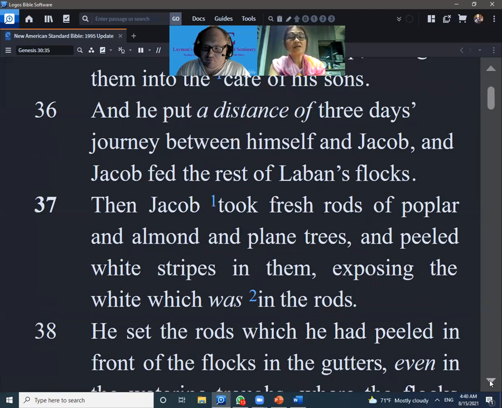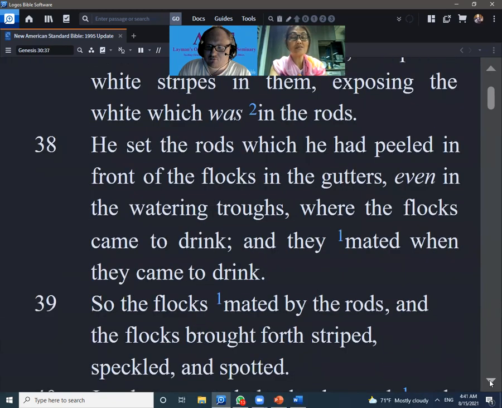Then Jacob took fresh rods of poplar, I don't know what it means, and almond and plane trees, and peeled white stripes in them, exposing the white which was in the rod.